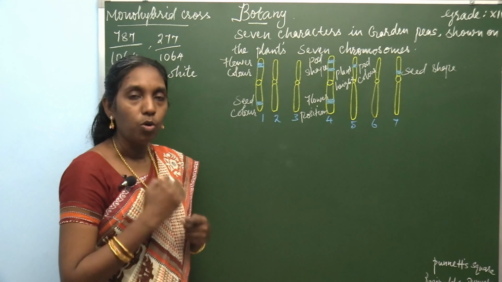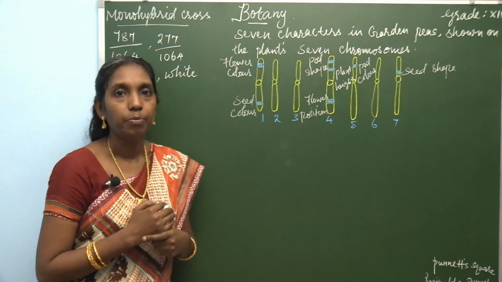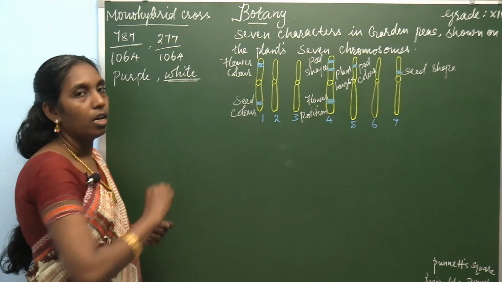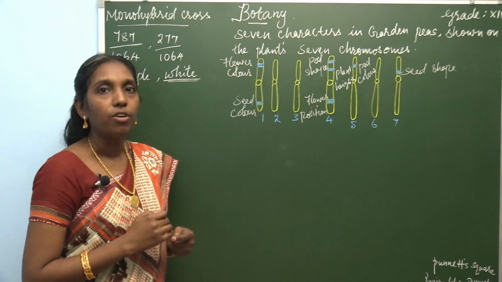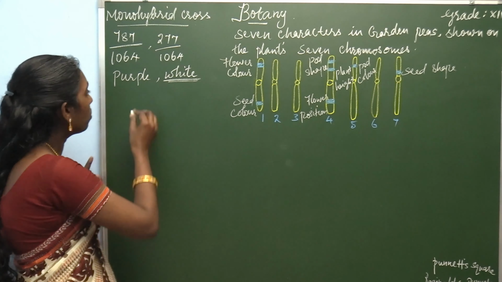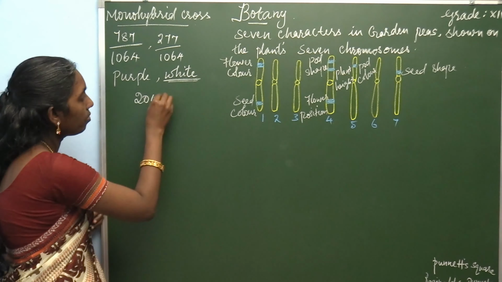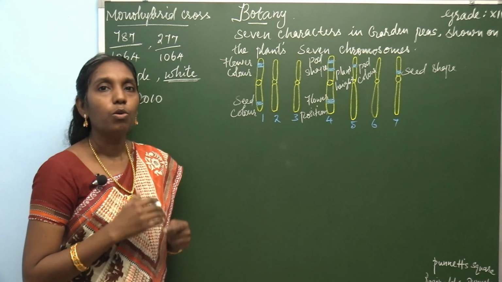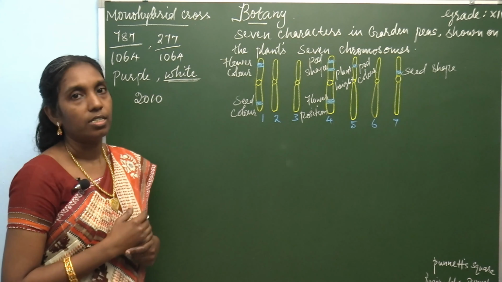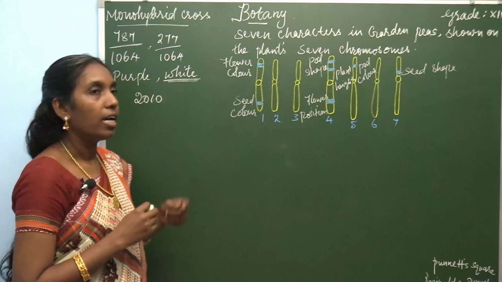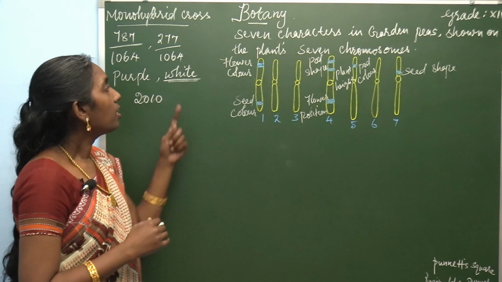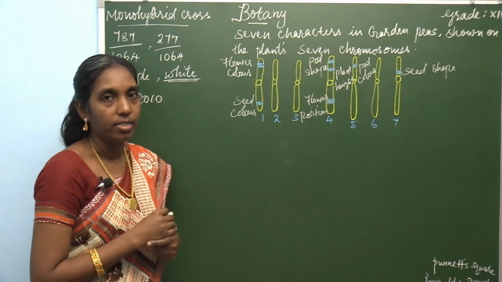Before entering into monohybrid cross, let us see what is responsible for regulating the white color of the flower. In the year 2010, a group of scientists, geneticists, discovered a gene which regulates the color of the flower.